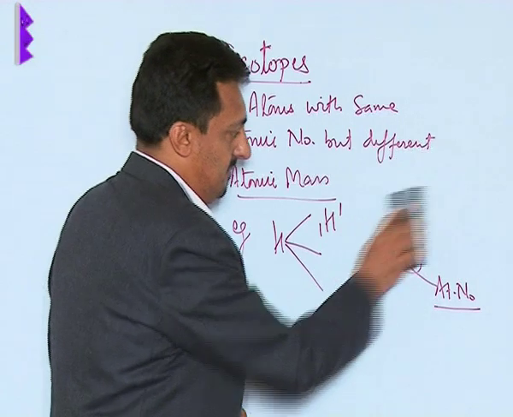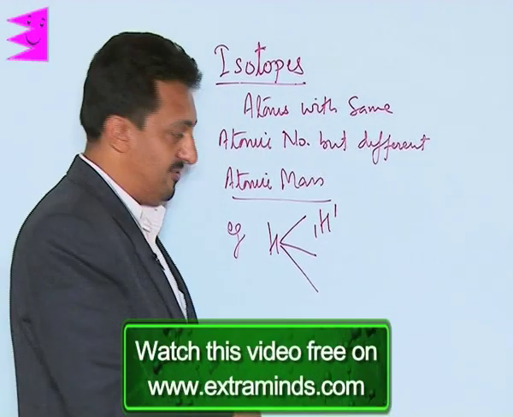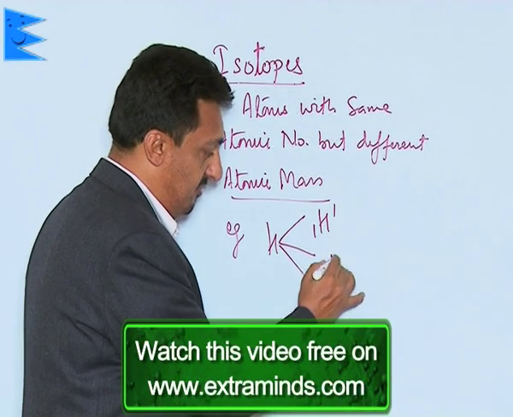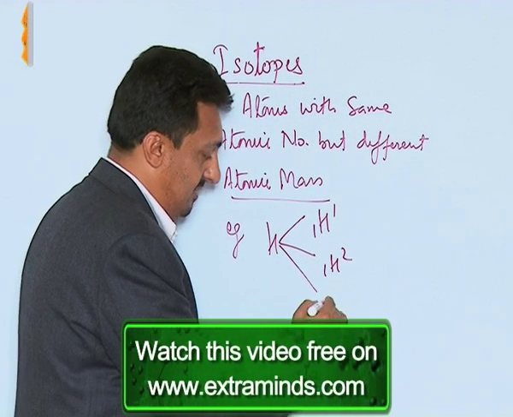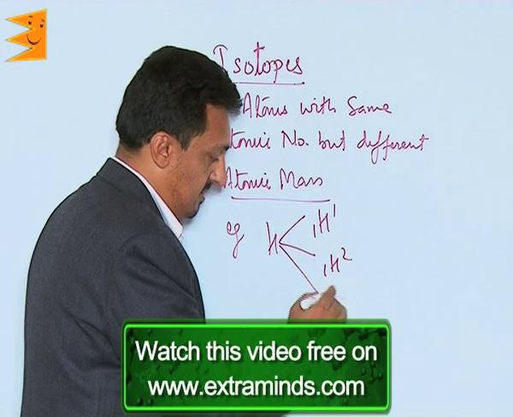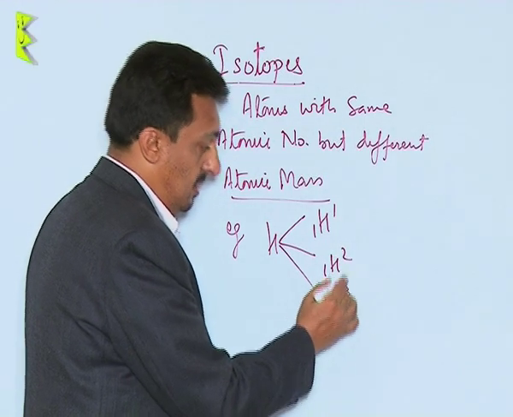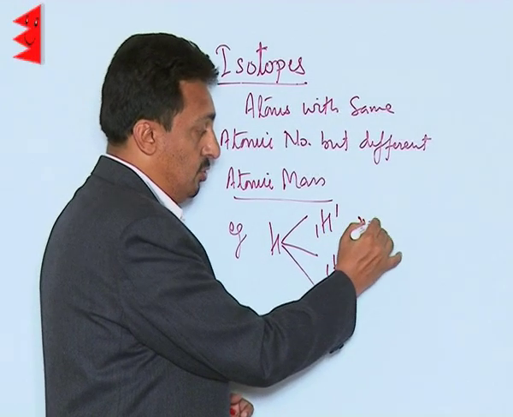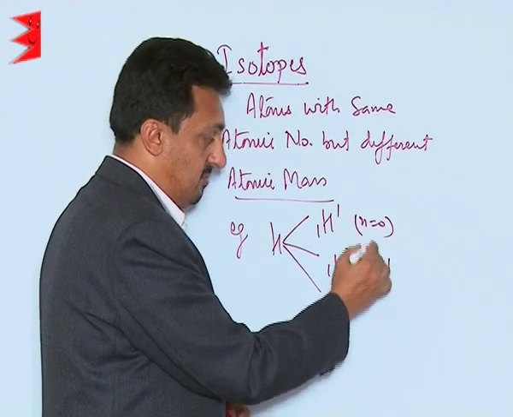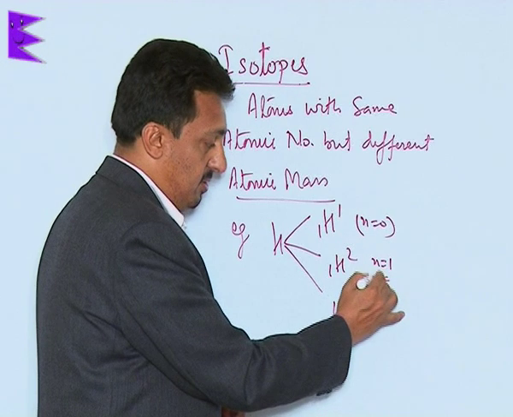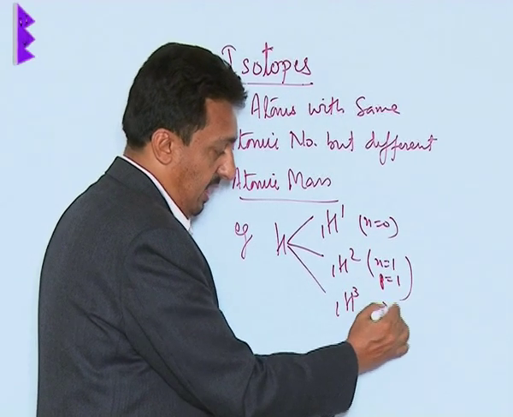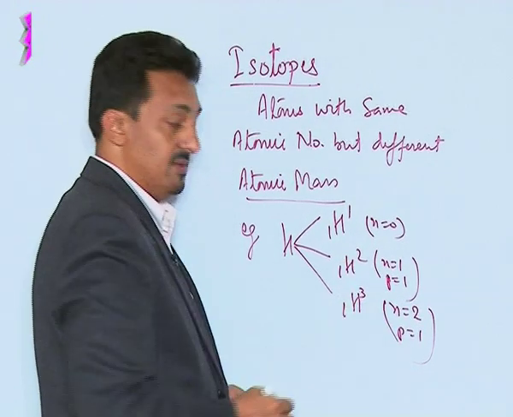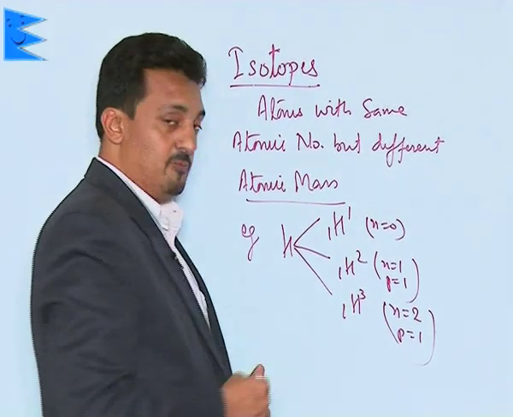Now, the three isotopes of hydrogen: normal hydrogen, which is called protium, then deuterium, and then tritium, which is also called heavy hydrogen. In protium we have no neutrons, in deuterium one neutron and 1 proton, which makes it 2, and in tritium 2 neutrons and 1 proton, which makes the sum 3.